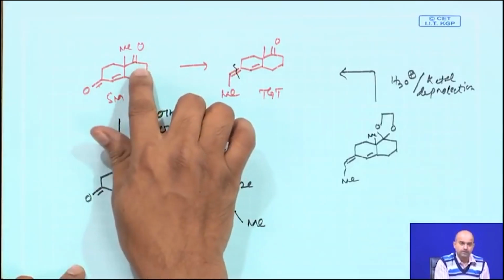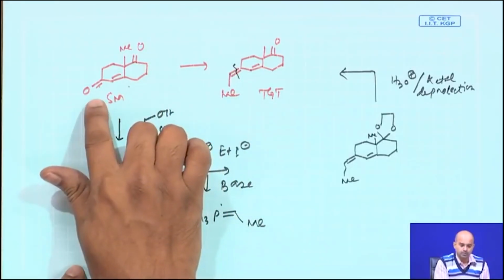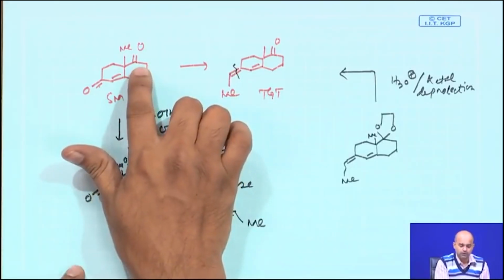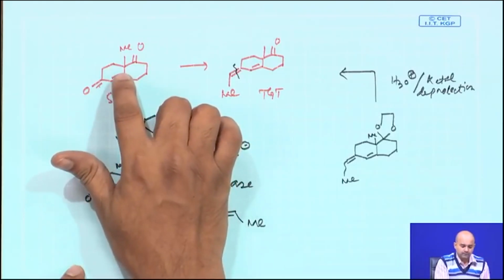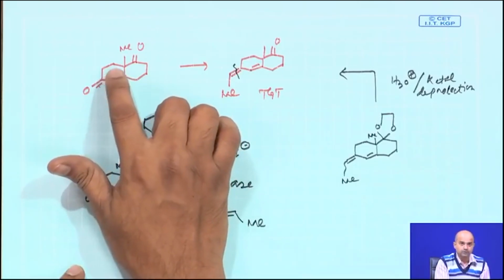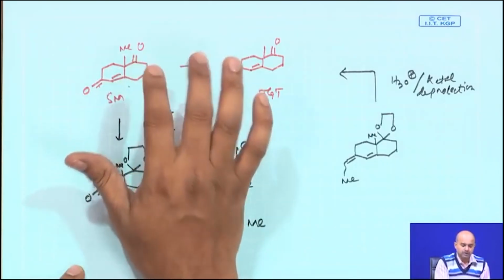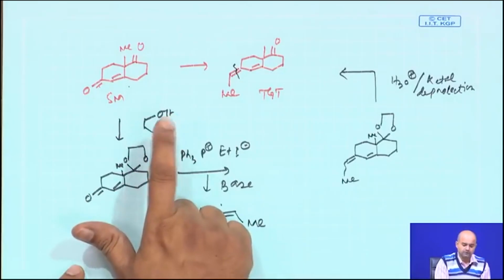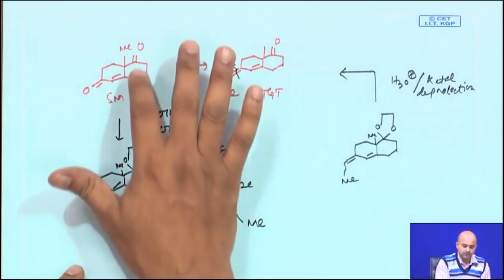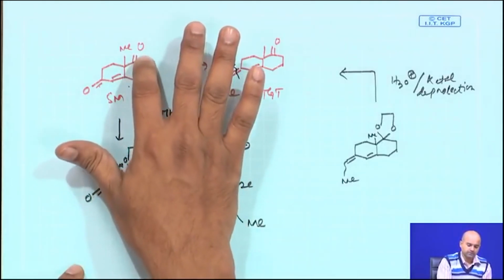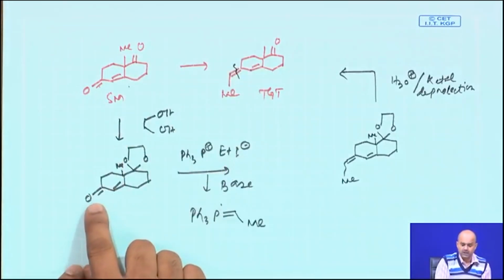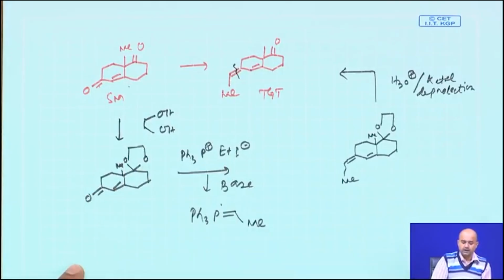The saturated carbonyl compound is much more reactive, because for the unsaturated carbonyl compound the electronic nature is a little different due to this resonance. So the saturated one reacts faster with ethylene glycol and gives you the cyclic ketal. With this reactivity suppressed, you do the Wittig reaction with this reagent.